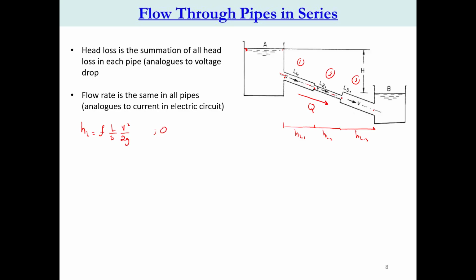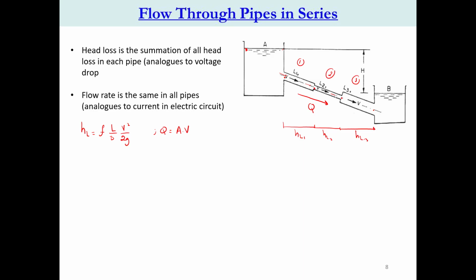I can use the definition for the flow rate Q, which is area times velocity, and substitute that here. But before we do that, if we apply this equation for the two tanks, the velocity is very slow compared to the velocity inside the pipes. So there is some loss, but it's negligible compared to the losses inside the pipes.